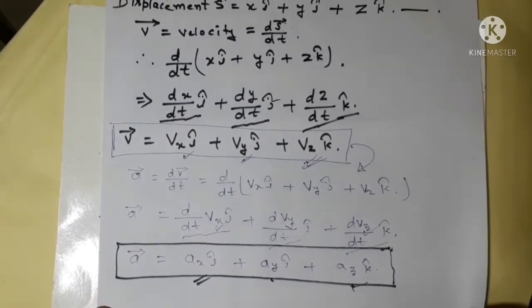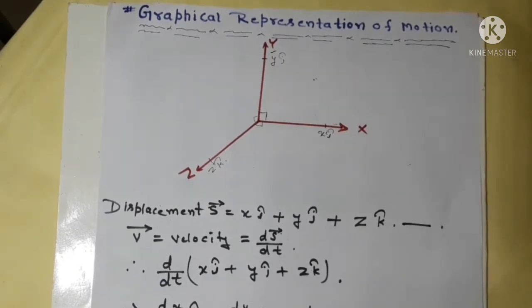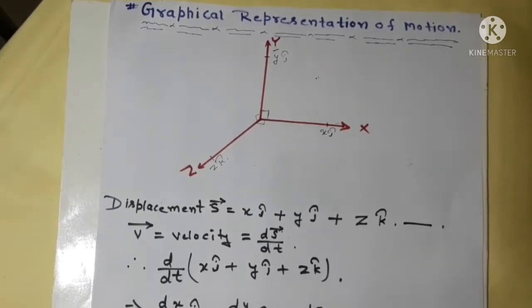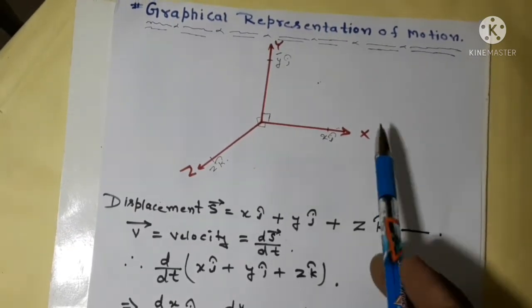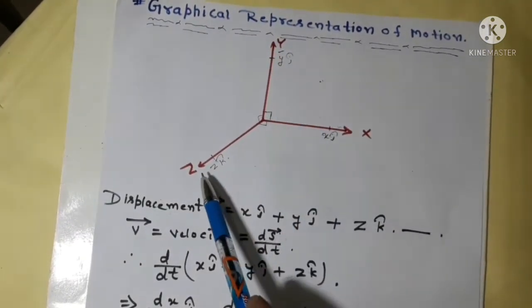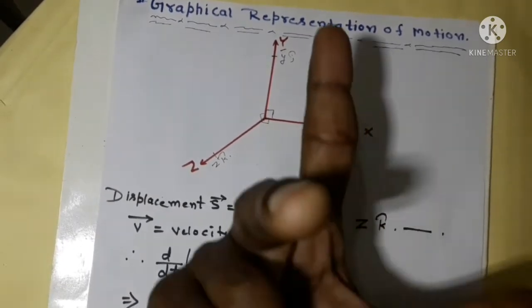Again recall. Lecture 4 is graphical representation of motion. This is x-axis point, this is y-axis point, this is z-axis point. It's figured like this.